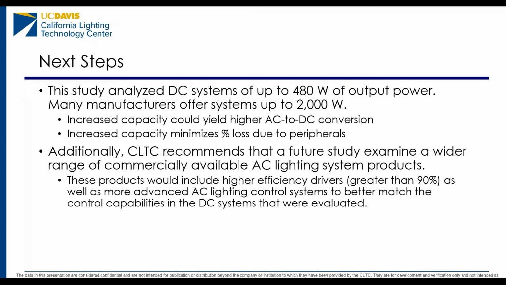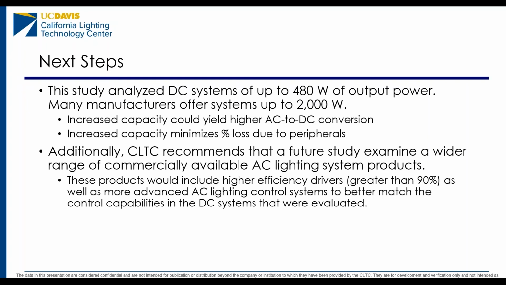And finally, the next steps. The study only analyzed DC systems of upwards of 480 watts when there are systems that go up to 2000 watts. So an evaluation of these higher capacity systems could show that the increased AC to DC conversion efficiency is enough to offset the other sources of power loss, making it as, if not more efficient than a baseline AC system.